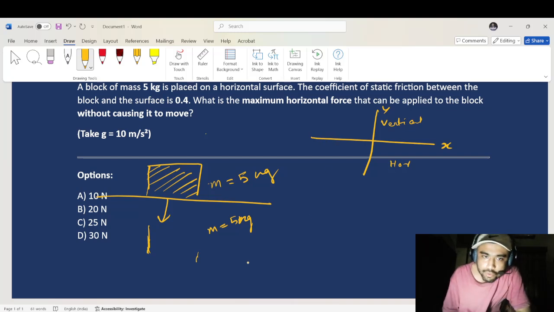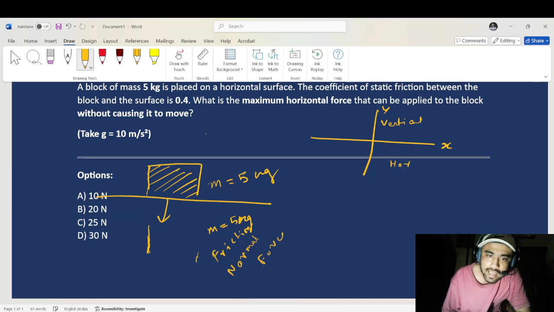So you must have an idea about what is friction, what is normal force, and what is coefficient of friction, right?